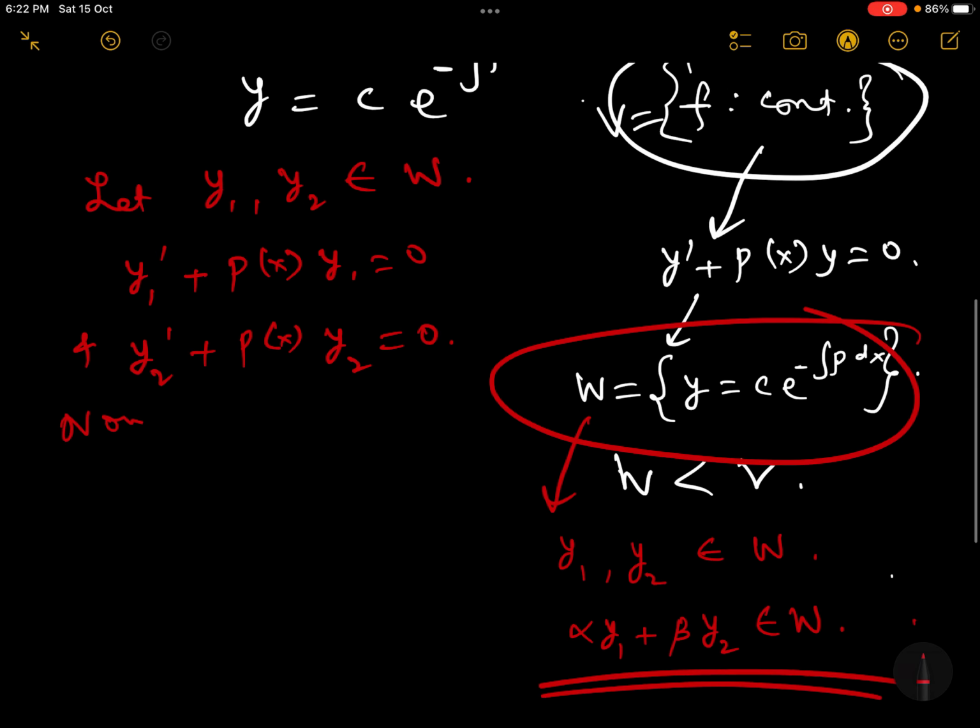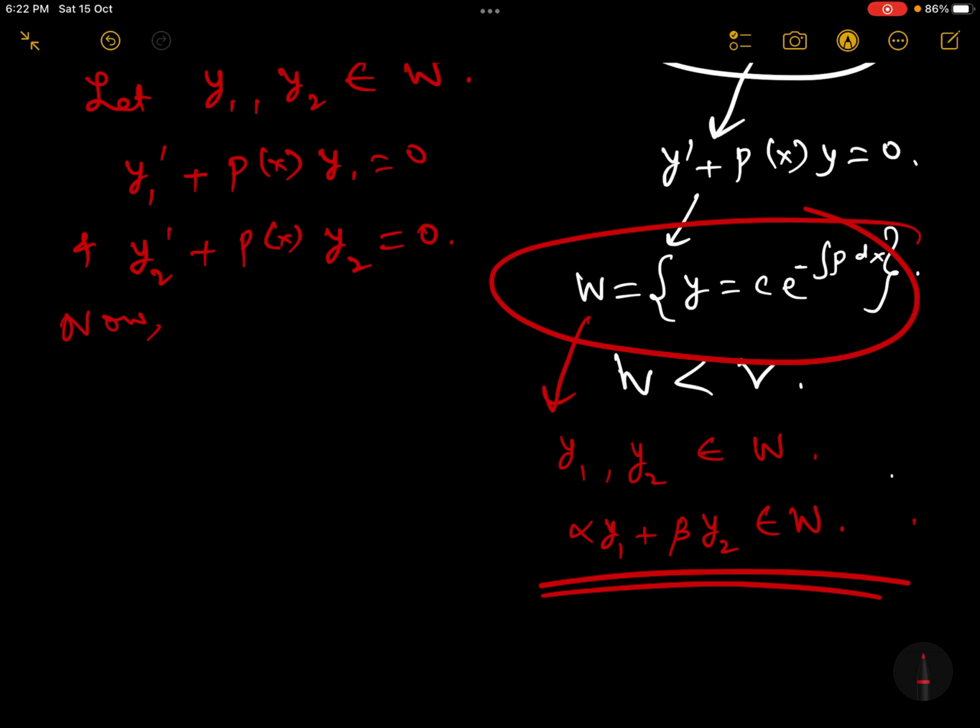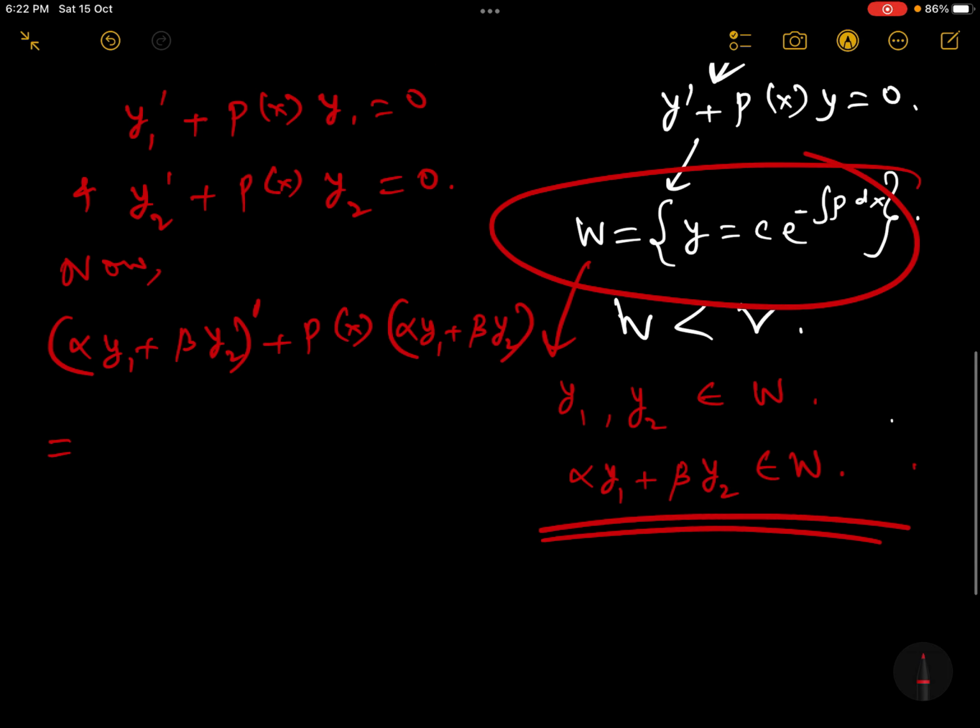Now let us find the linear combination: (alpha y1 plus beta y2) dash plus p(x) times (alpha y1 plus beta y2), equal to, we don't know whether this is 0 or not. If this is 0, then alpha y1 plus beta y2 is also a solution, so we need to show this, then our job is done. So this should give 0.